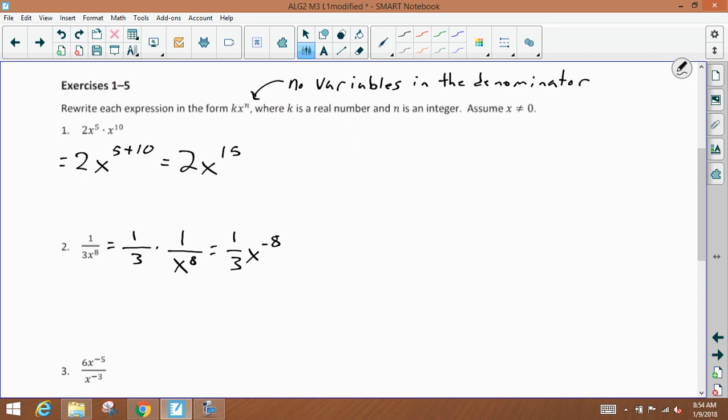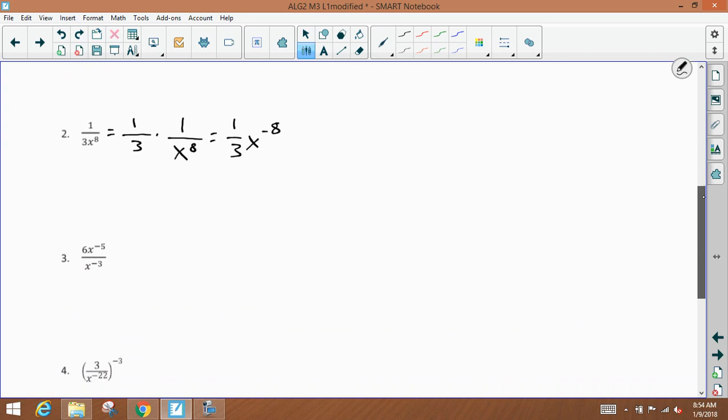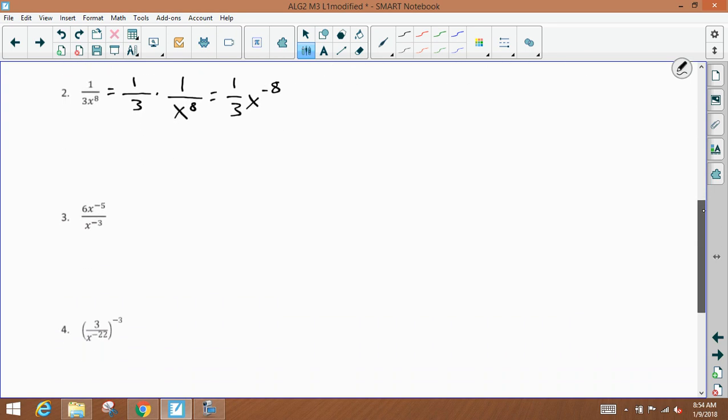Right. Moving on. All right. Again, I'm gonna break this thing up. And the only reason why I do that is to look at the x's separately.